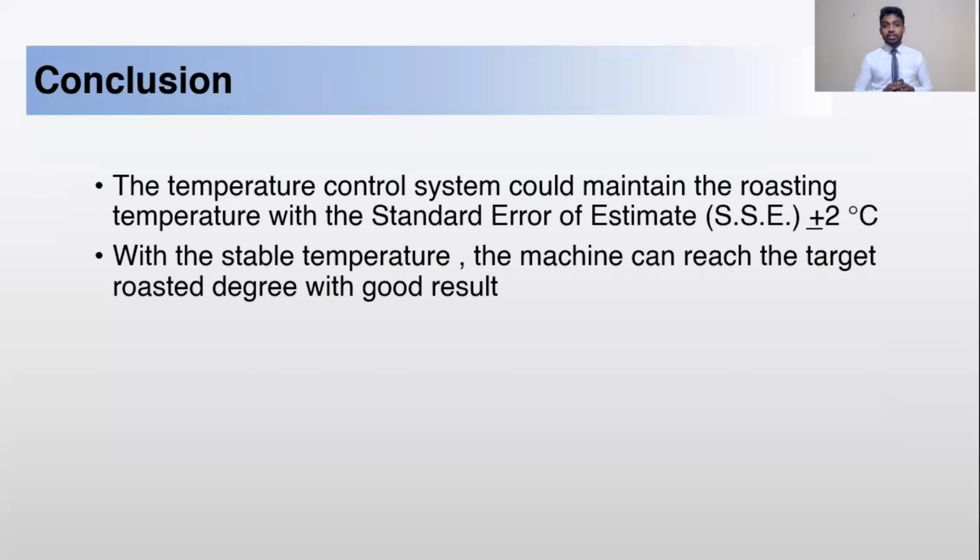And the conclusions as the fourth section: the temperature control system could maintain roasting temperature with a standard error estimate of 0 Celsius, and with the stable temperature maintained by this software, the machine can reach the targeted roasting degrees and good quality.